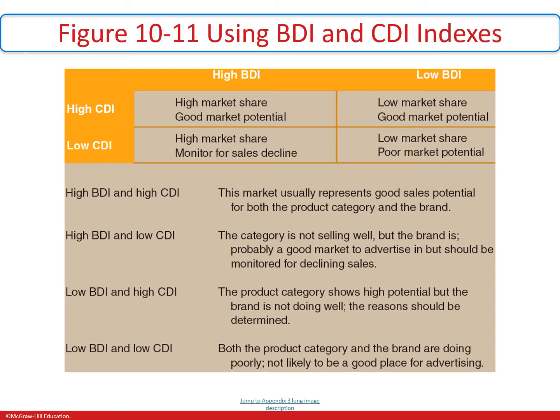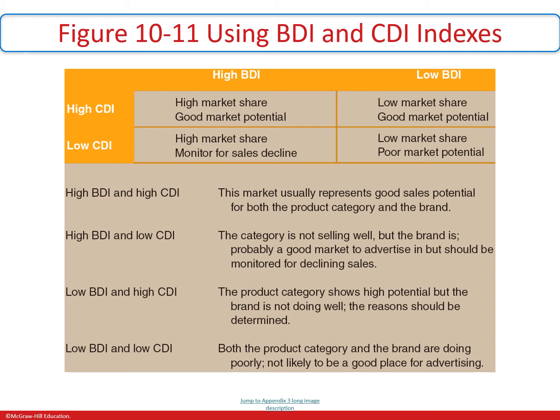If you have high market share but the category itself is not growing, then you might want to look out for a decline in sales because the category as a whole has not grown, which means that chances are it will go into decline.